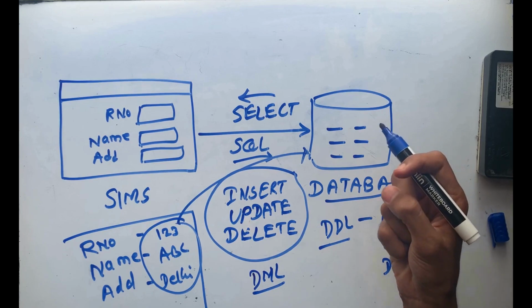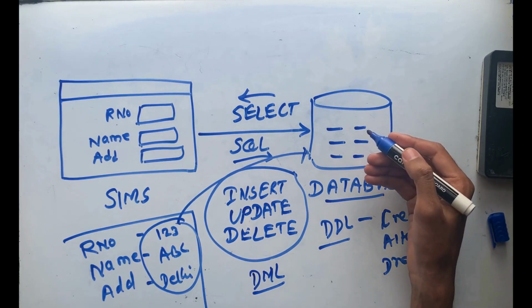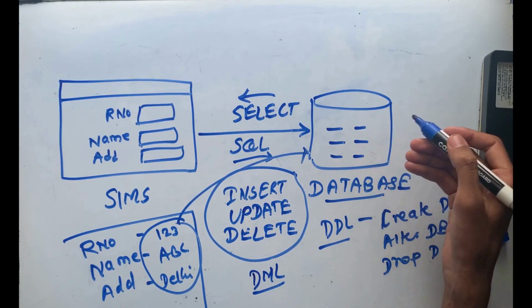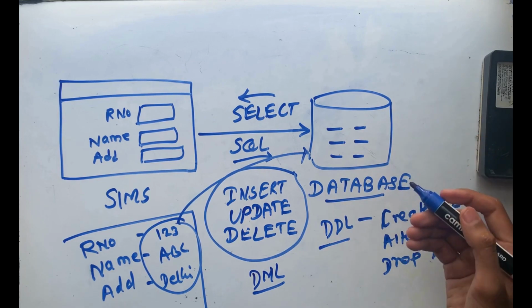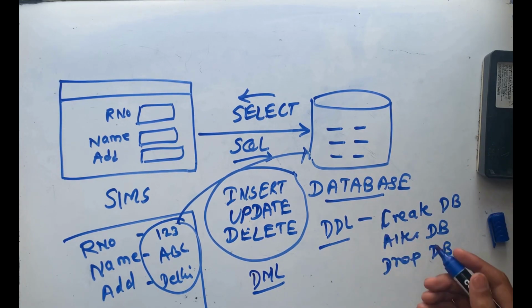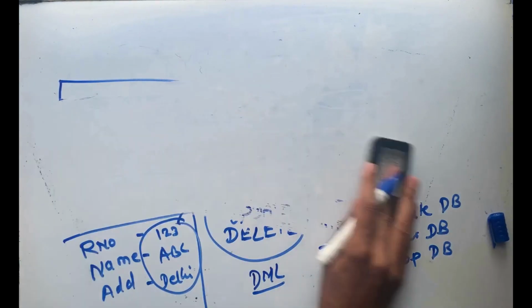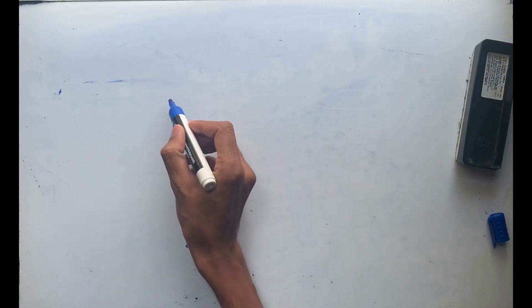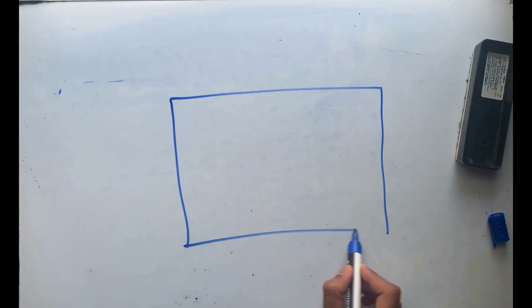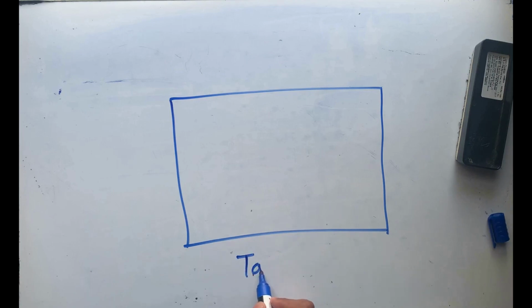Correct. Means the database has the information, and that information is available in tables, and a table has columns and rows. This is the table.